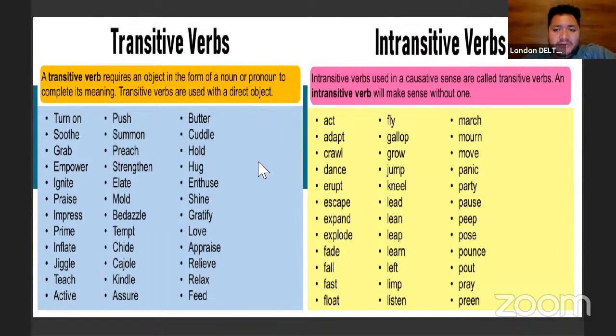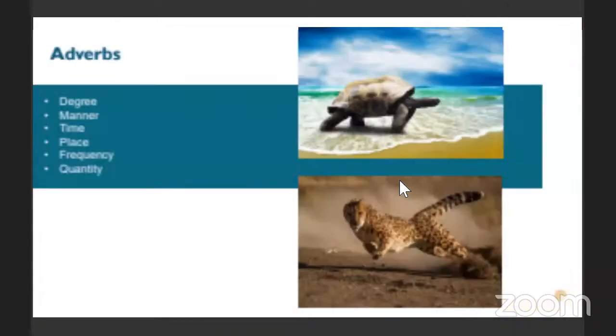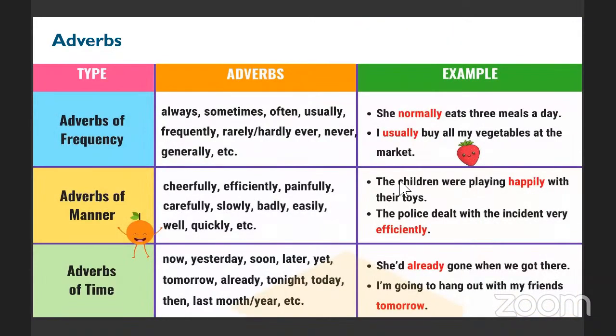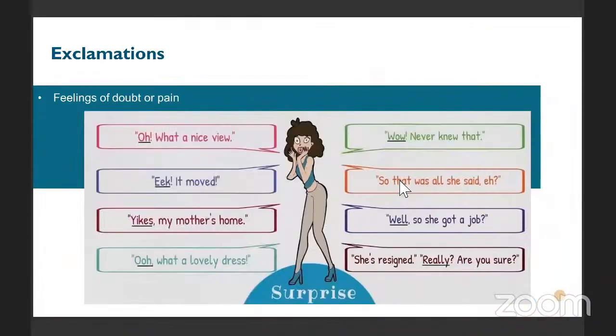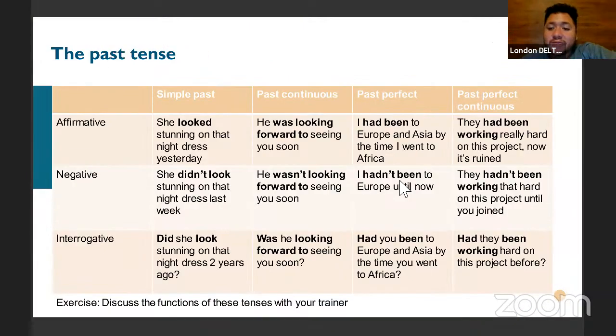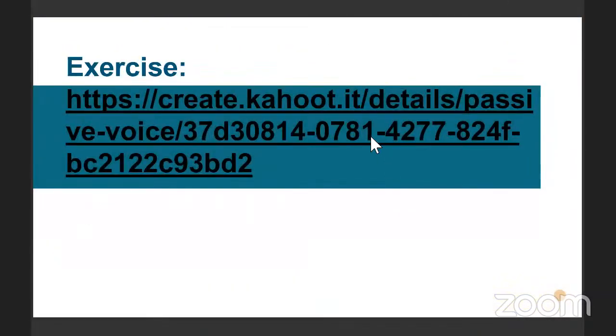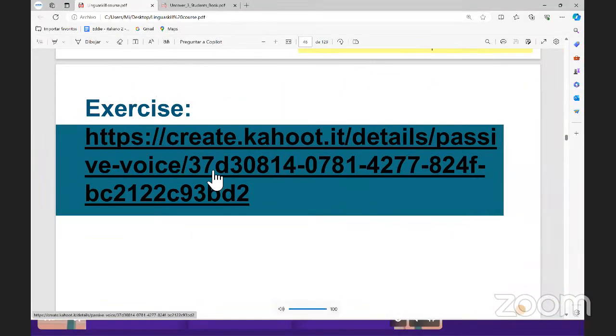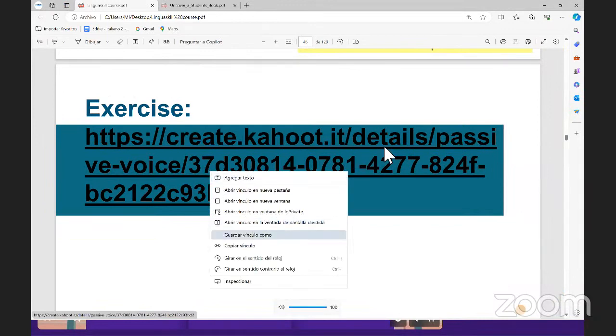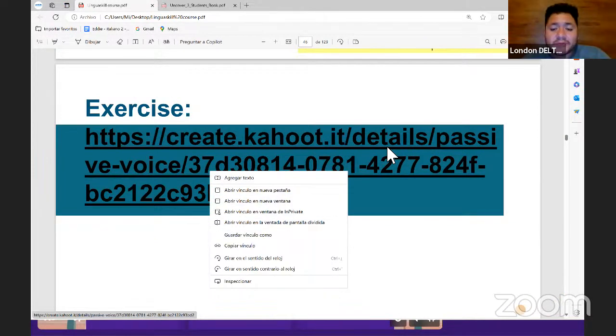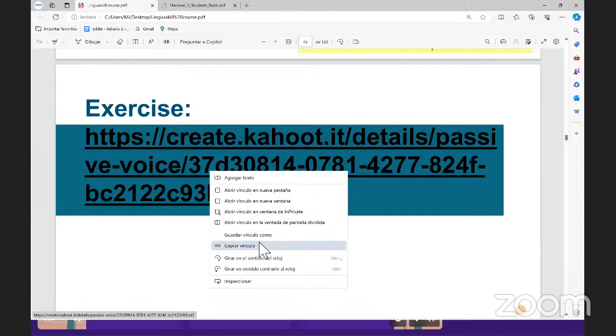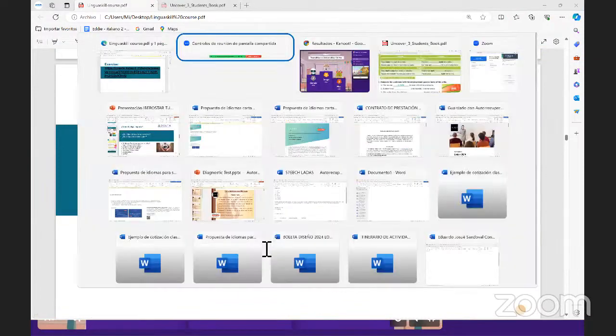Do you have any questions about transitive and intransitive verbs? That I understand is that the intransitive has and doesn't have to get a complement. Exactly. Transitive needs to have a complement, it's forzoso that they have an object, right? Intransitive, they don't have to.